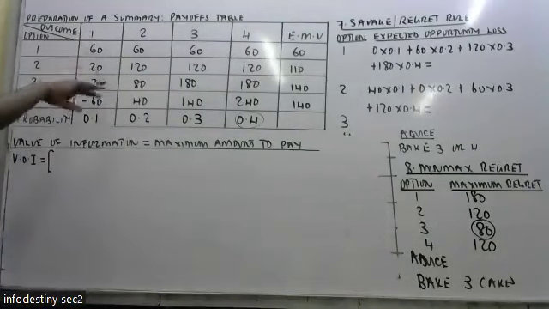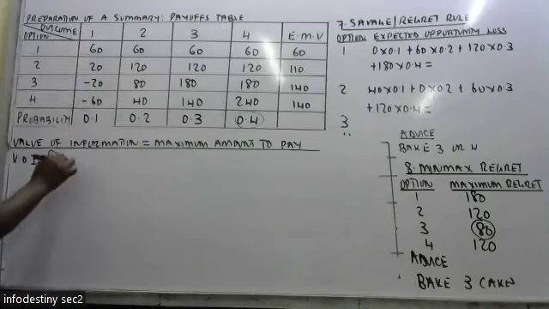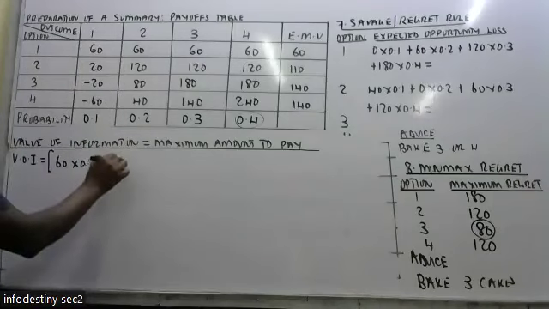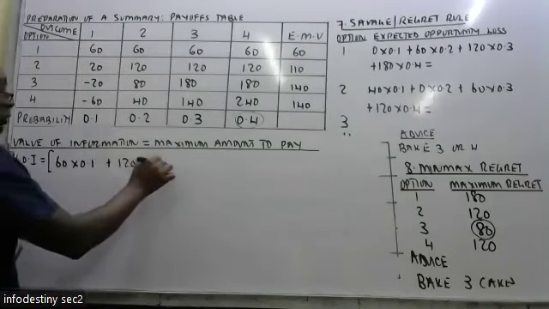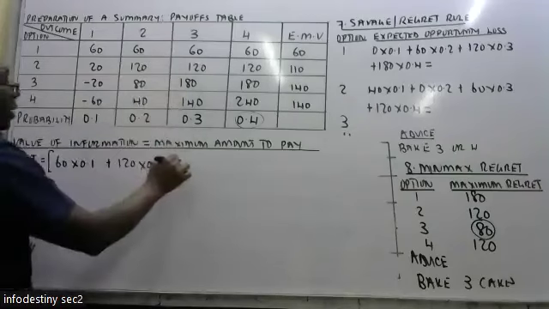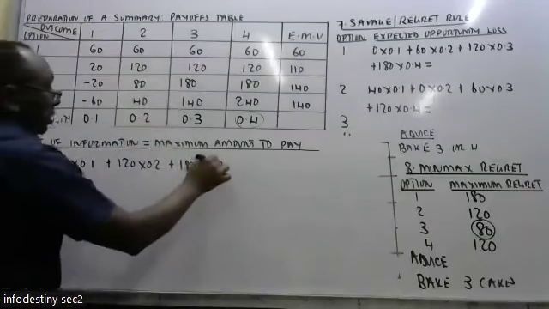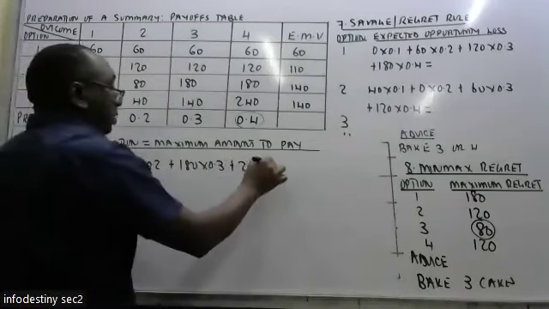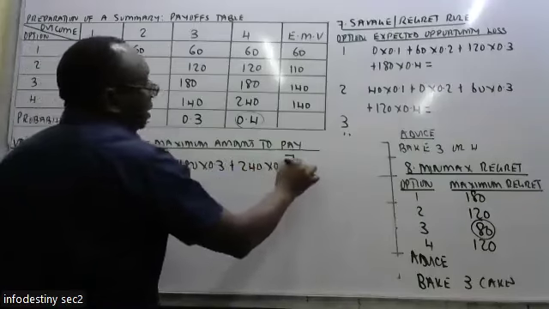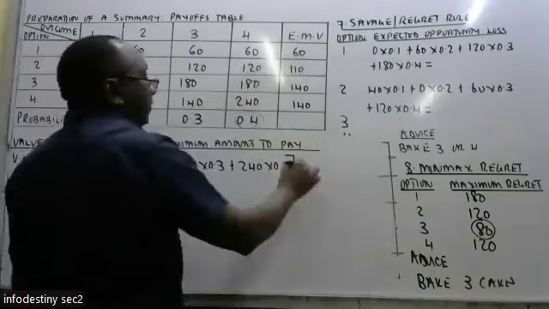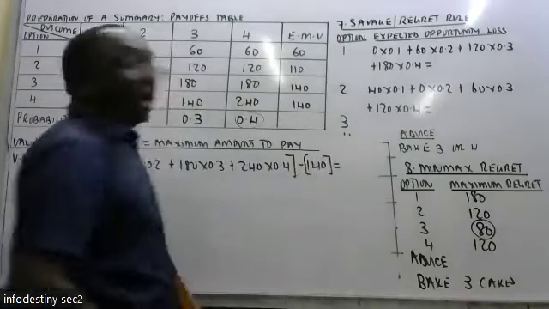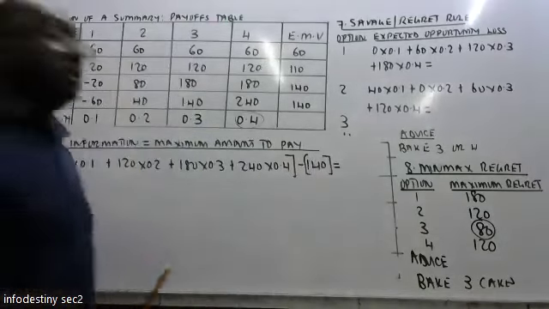You look at this table, and you pick the highest. So in outcome 1, the highest is 60. You multiply by 0.1, plus number 2, we have 120 multiplied by 0.2, plus number 3, we have 180 multiplied by 0.3, plus number 4, we have 240 multiplied by 0.4. Then you subtract the highest EMV, which was 140.